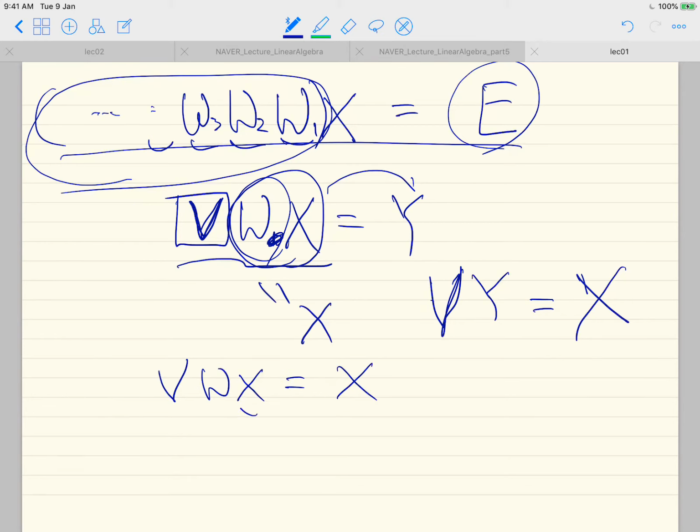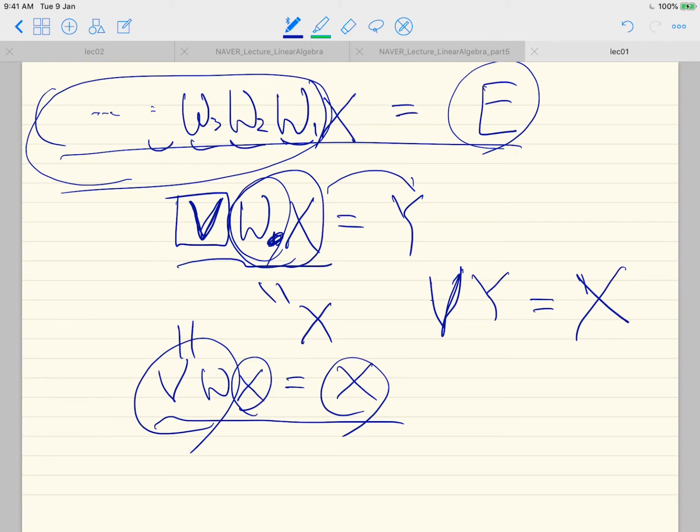And so for whatever given matrix X, if we have to satisfy this, then this V times W should be the identity matrix, which has no effect even when multiplied with the input matrix. Okay.